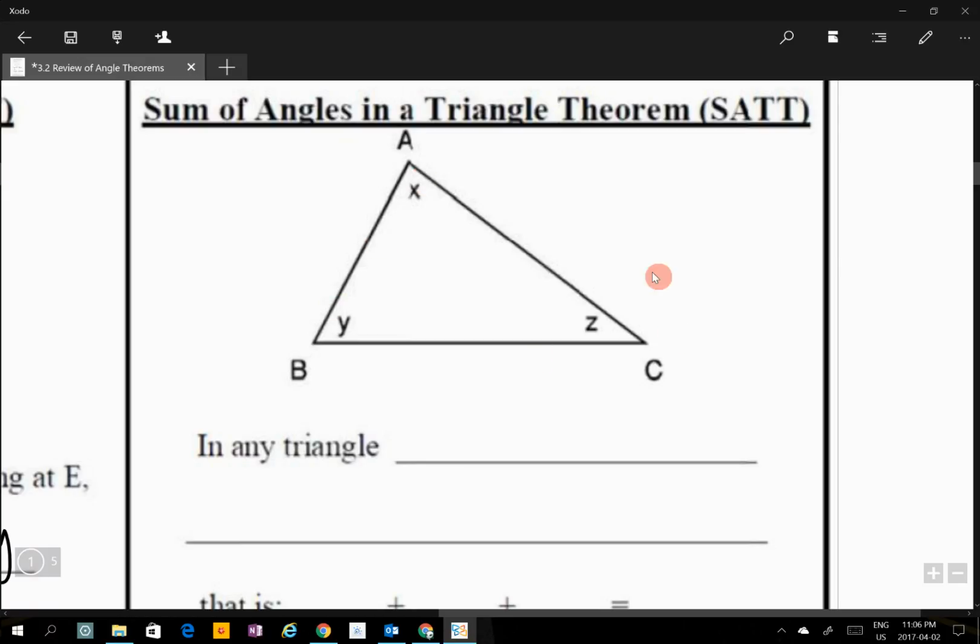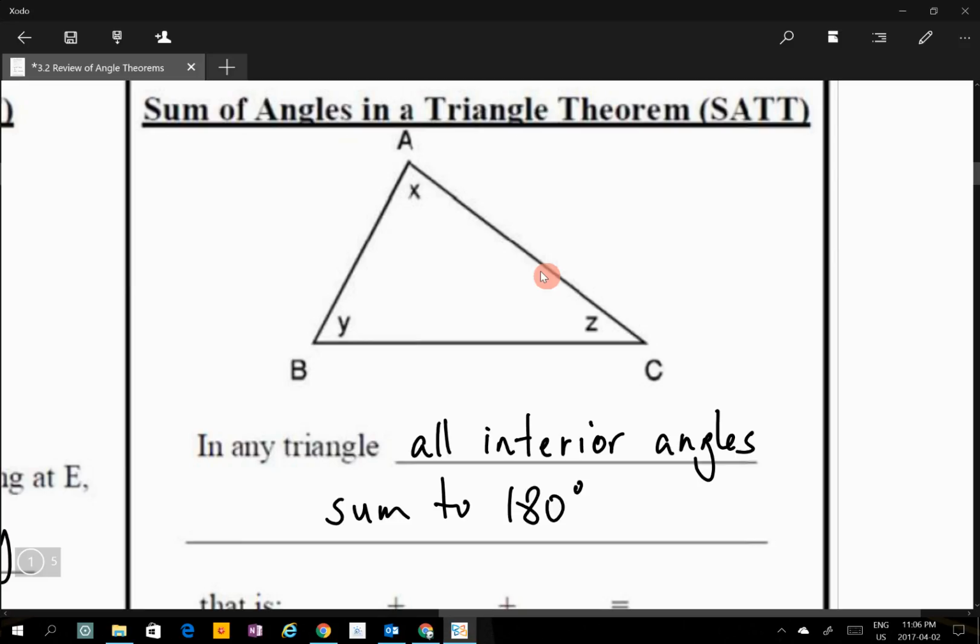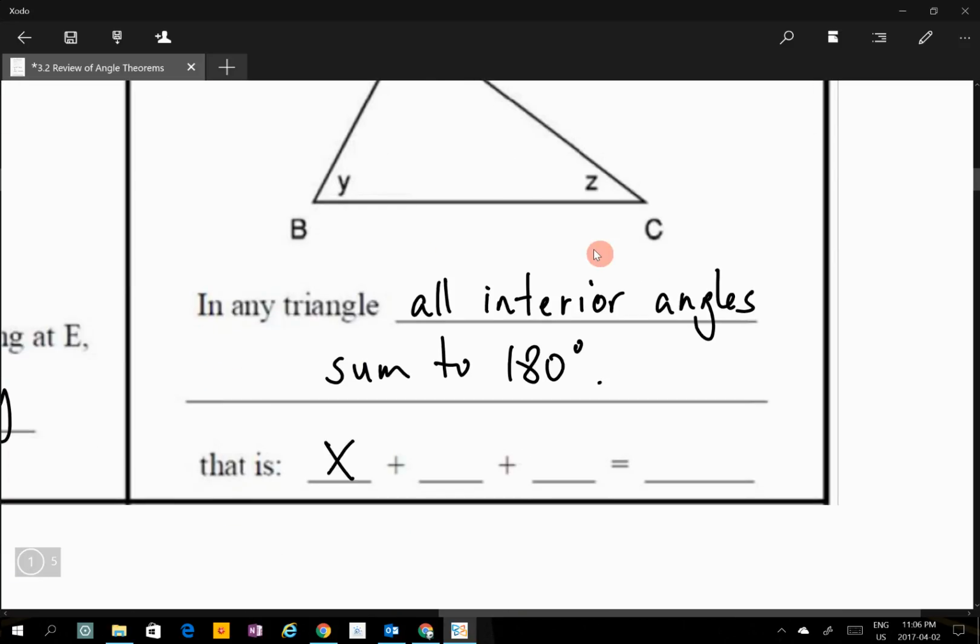In any triangle, whether it's isosceles, equilateral, even a right angle triangle, all interior angles, the inside angles, sum to 180 degrees. So that means X, Y, and Z, when I add them together, add up to 180 degrees.